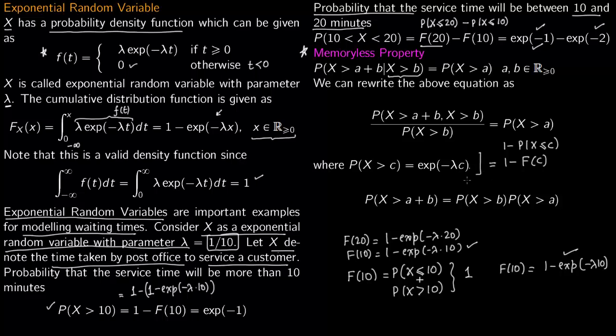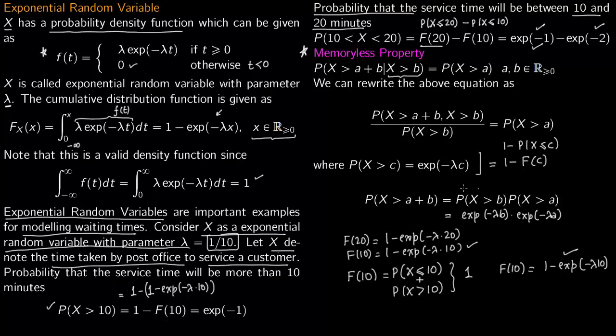So then you can see directly from this equation, probability that x is greater than b is nothing but exponential of minus lambda b. Probability that x is greater than a is nothing but exponential of minus lambda a.